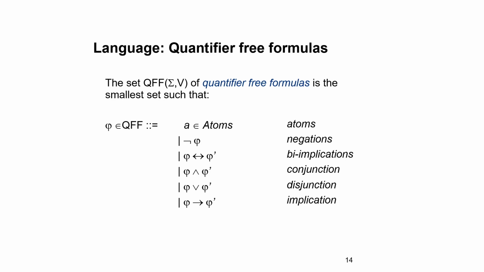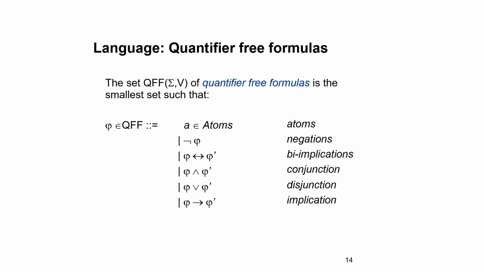Now, to build quantifier-free formulas, we can take atoms and add our Boolean logic operators. Why can we apply negation to an atom? Because an atom is always wrapped in a predicate, and a predicate is true or false, right? That's how we can apply these operators, which are defined for our propositional logic.